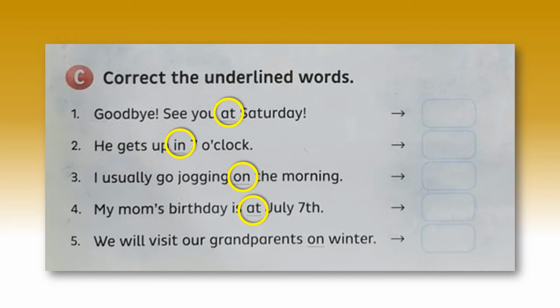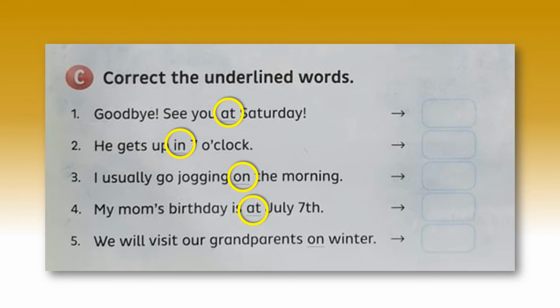Think about what we are talking about here. What part of time are we looking at in question number 4? Is it the month, July, or is it the day, 7th? And then you need to tell me the correct word. Have a think about it.